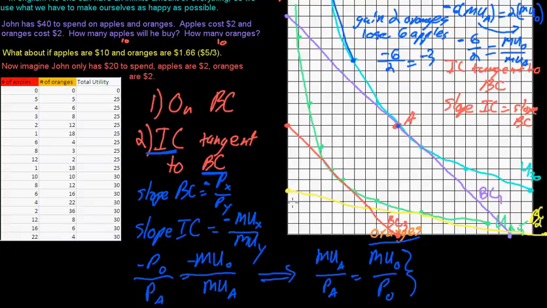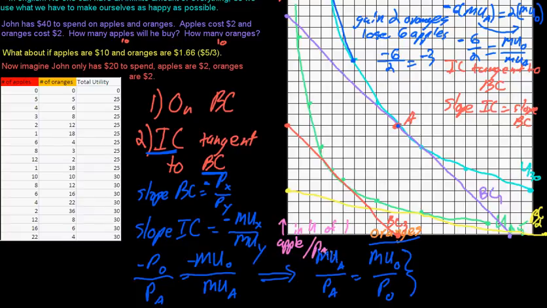What this is saying is that the increase in happiness per dollar spent on apples has to be equal to the increase in happiness per dollar spent on oranges. So I'm going to write that out. The left side is the increase in utility for one more apple. So this is the increase in U of one apple over the price of apples, P of apples.